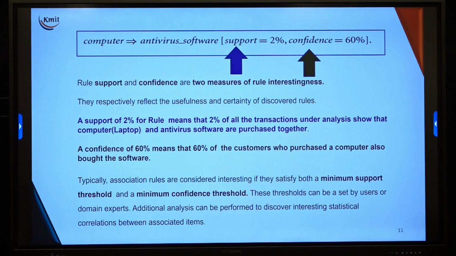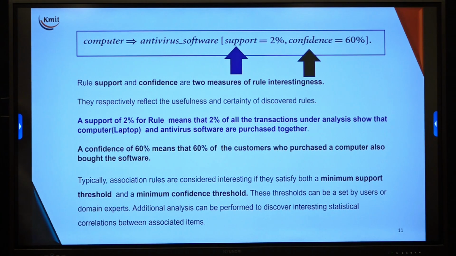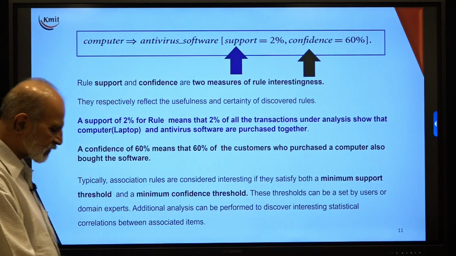I will repeat: support of 2% means the transactions under analysis show items purchased together, and confidence means 60% of the customers who purchase the computer also buy the software. Typically, association rules are considered interesting if they satisfy both a minimum support threshold and a minimum confidence threshold.